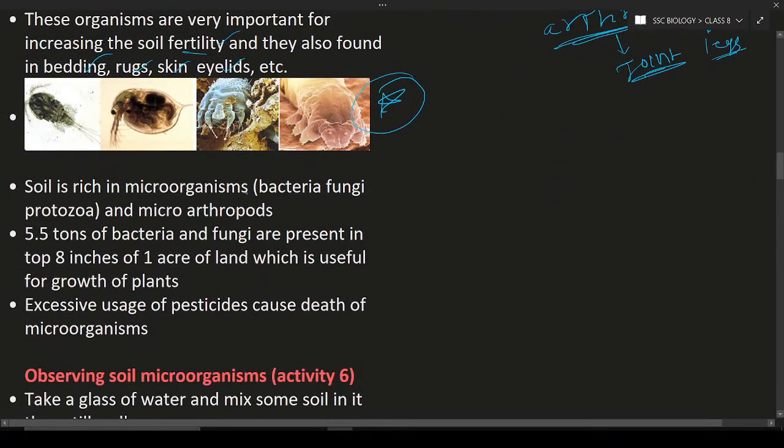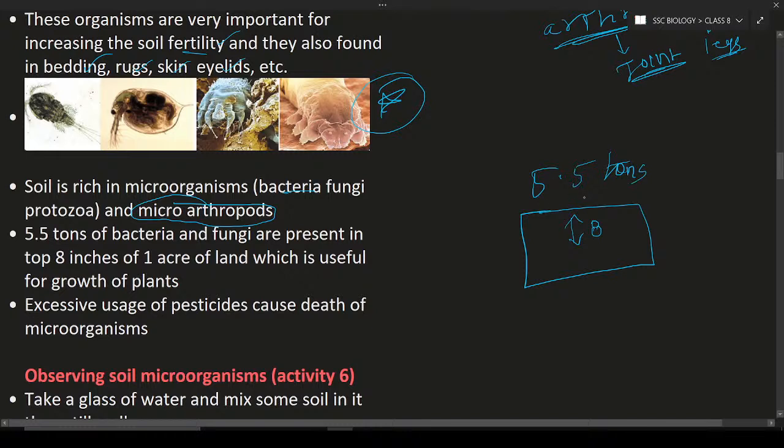Soil is rich in microorganisms, especially bacteria, fungi, protozoa, and also microarthropods. All these are present in the soil. If you take 1 acre of land up to a depth of 8 inches, you can find 5.5 tons of bacteria.